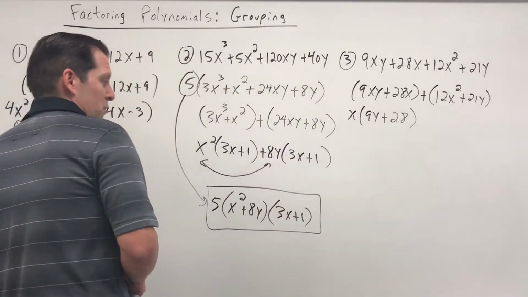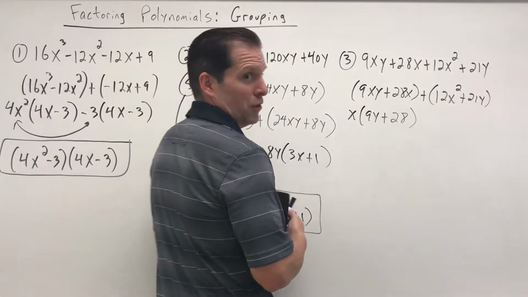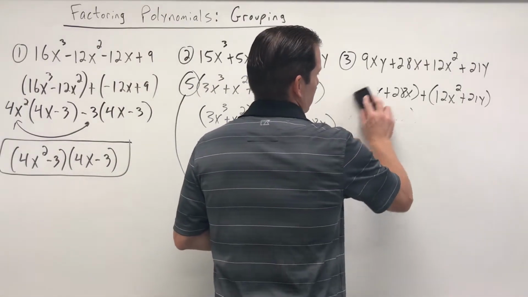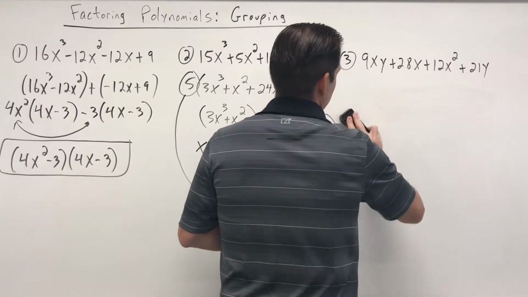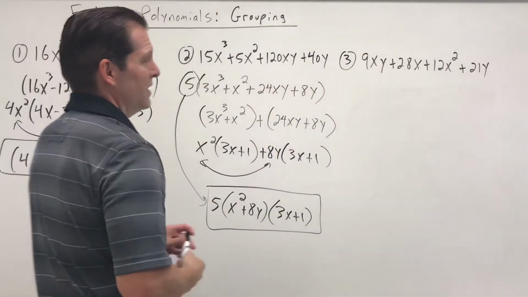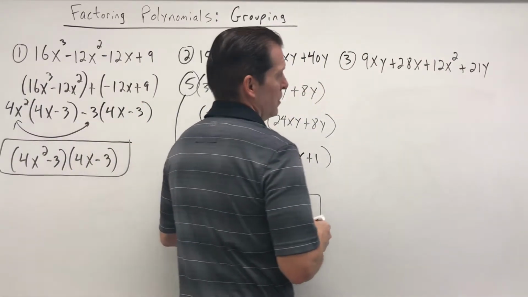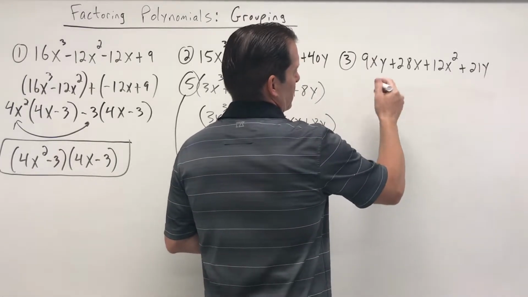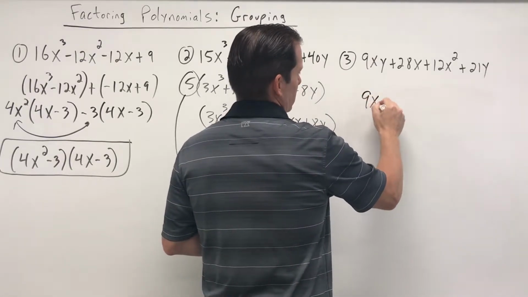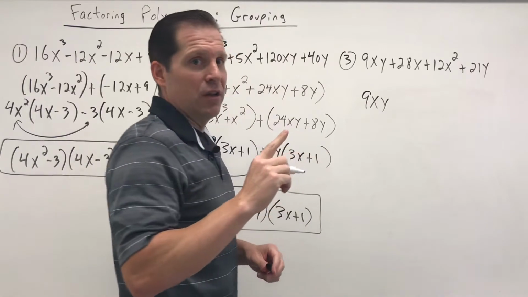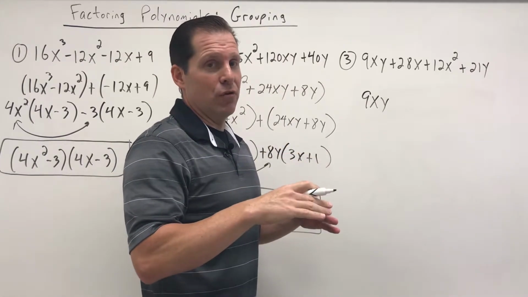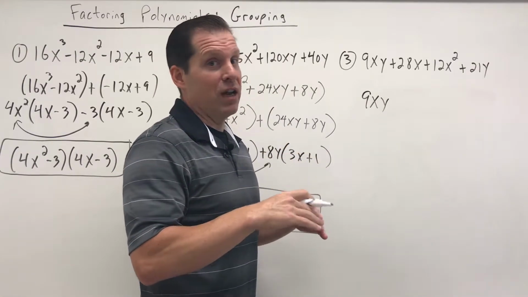So I'm going to erase this because we don't want to do that anymore. And let's see what we can do here. So if I take this first, this 9xy, and remember, there could be a number of different ways that you can regroup these or move the terms around, and it'll still work.